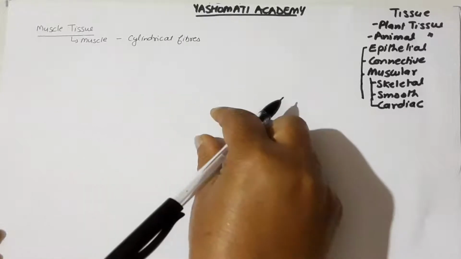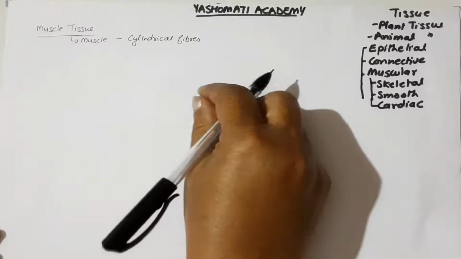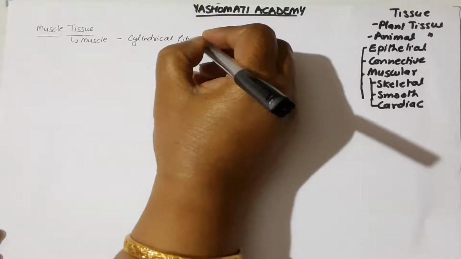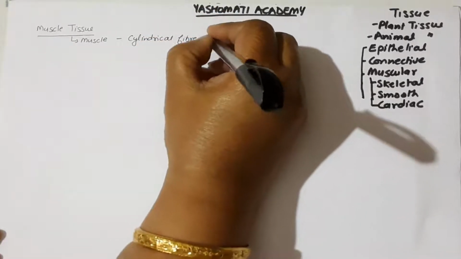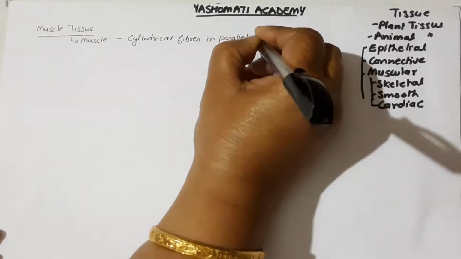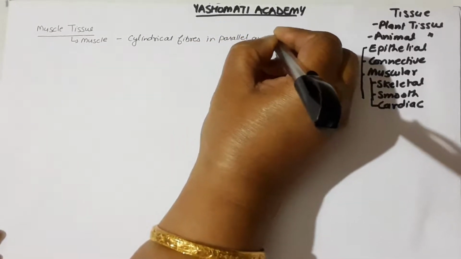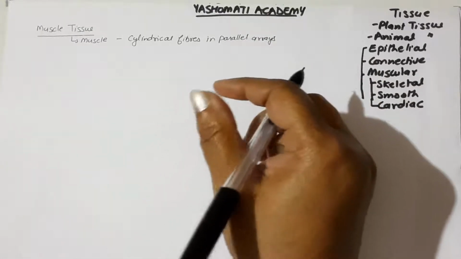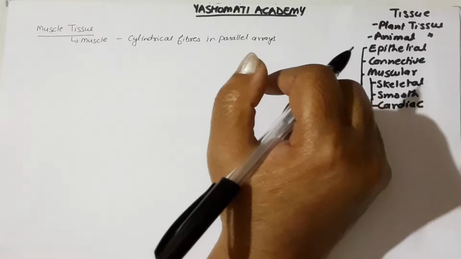Cylindrical means which have got more length as compared to diameter, and these fibers are arranged in parallel array. That means they are arranged parallel to each other and they are forming a bundle.